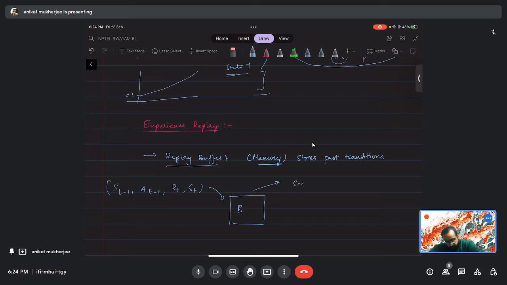Sample one transition from this buffer. Now update, say from K old to K new.